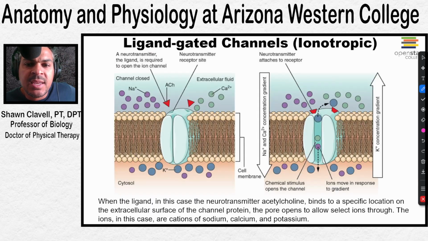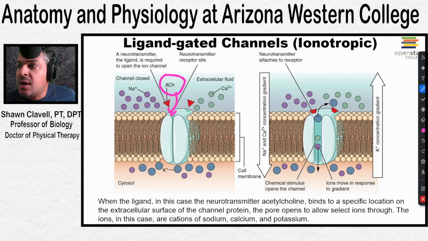But if we stimulate a cell, we can stimulate a cell one of a few ways, right? If it's a muscle cell particularly, muscle cells are stimulated by a neurotransmitter. So a neuron will release this neurotransmitter. In the case of muscles, the neurotransmitter is acetylcholine. Acetylcholine binds to the receptor on the protein, and as a result, the channel opens.